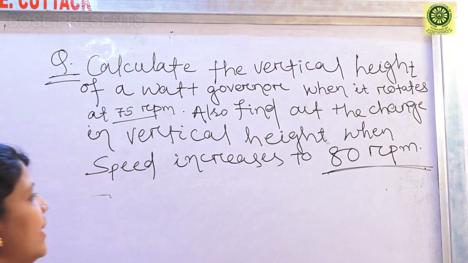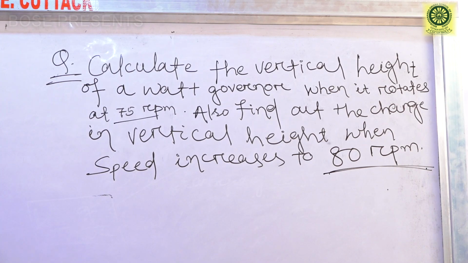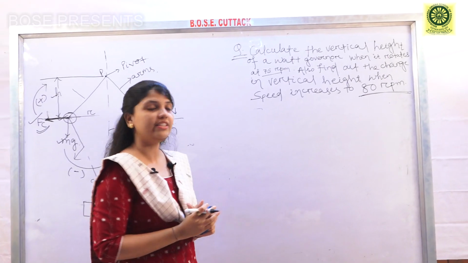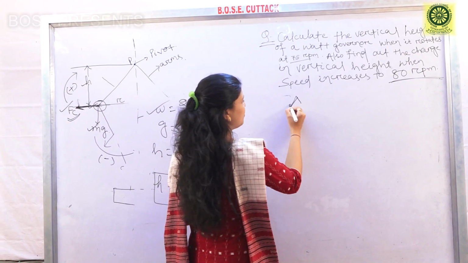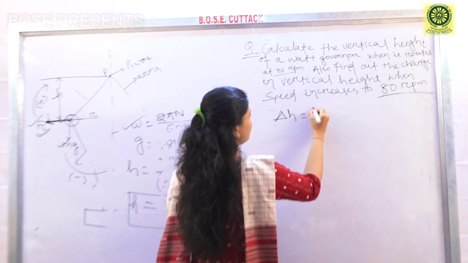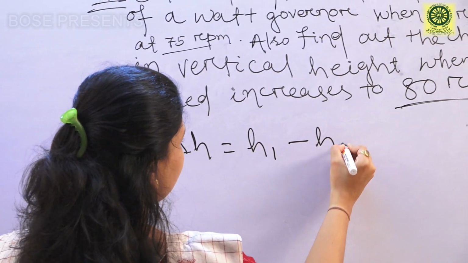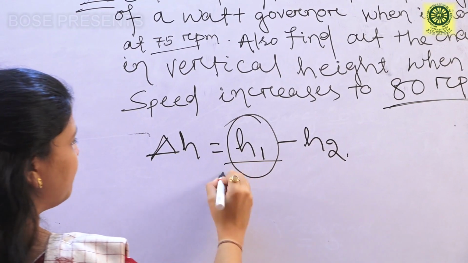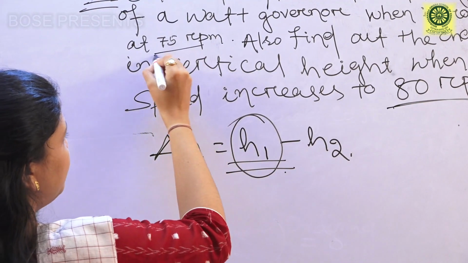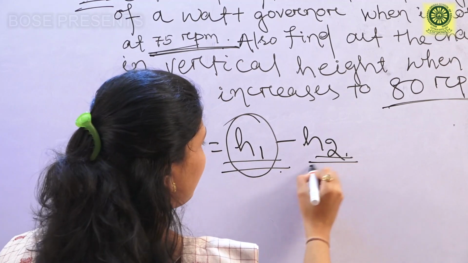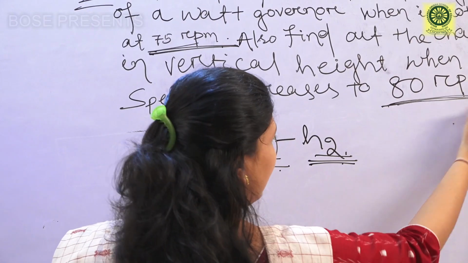That means two speeds are given and we are asked to find the change in height, that is delta h. So delta h equals h1 minus h2. h1 will be found from n1 and h2 will be found using n2.